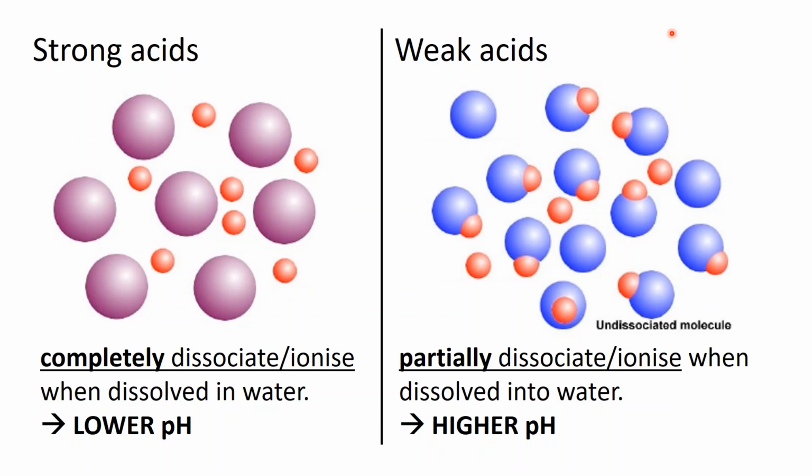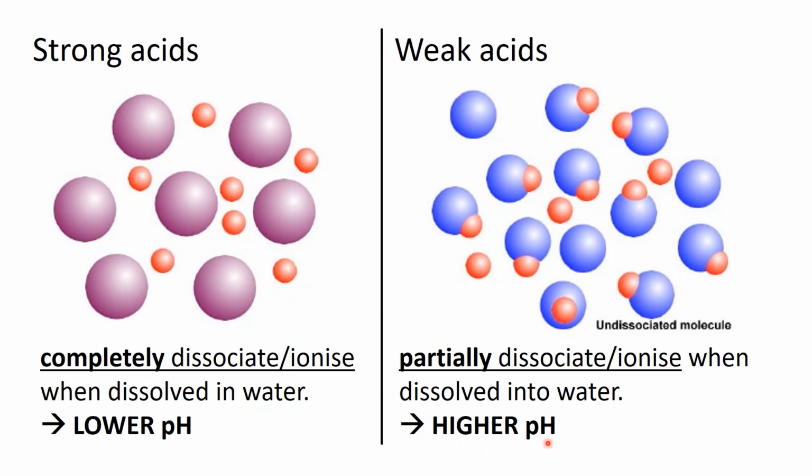Conversely, weak acids are only partially ionized when dissolved into water. That means that there are a lot of undissociated molecules when you dissolve them into water. Here is a dissociated hydrogen ion in red and a dissociated negative ion in blue. Where they're combined, that's undissociated, that's unionized.